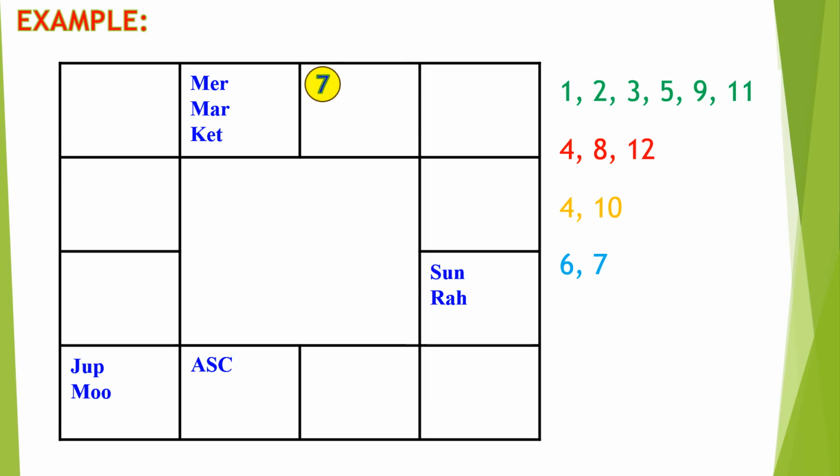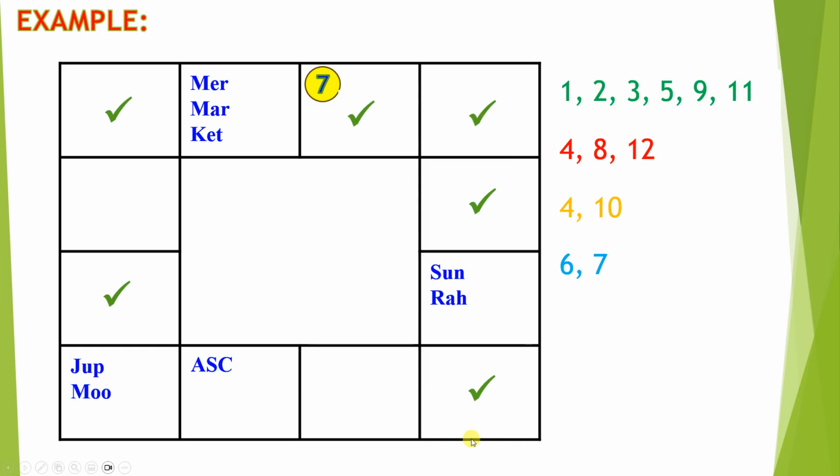So here the bhavas that are ticked in the green color will support the 7th bhava. Here, the first bhava to the 7th bhava, the second to the 7th, the third to the 7th, the fifth to the 7th, the ninth to the 7th, and the 11th to the 7th will support the 7th bhava.